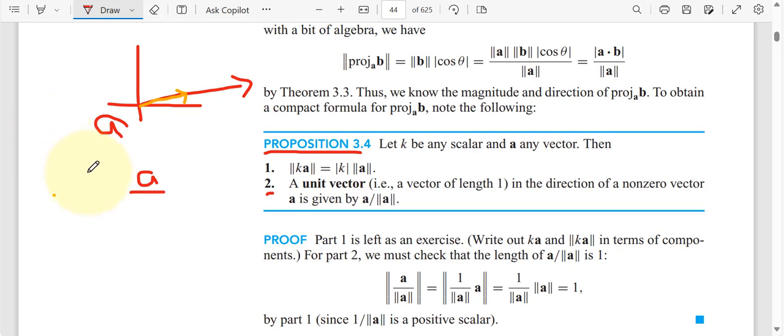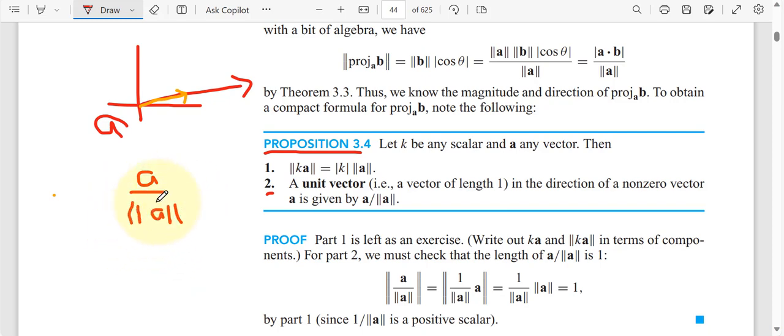So multiplying is the same idea as dividing. You just divide by the inverse. So we want to take A and scale it by some amount. And how much do we want to scale it by? We want to scale it by the norm of A. Remember, the norm of A is the length of A. So this is just a number, a scalar.